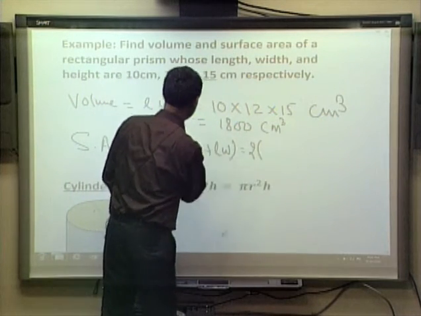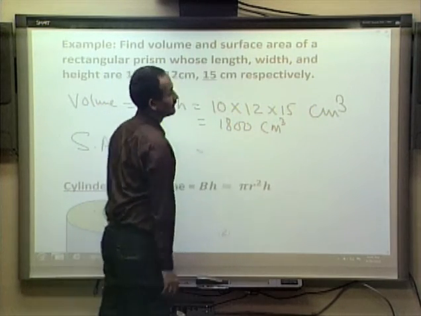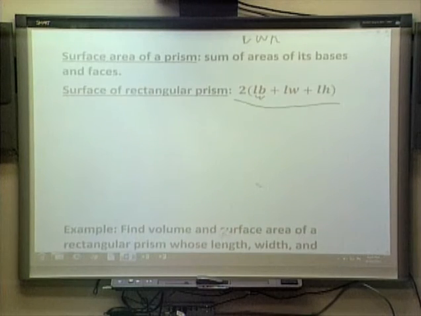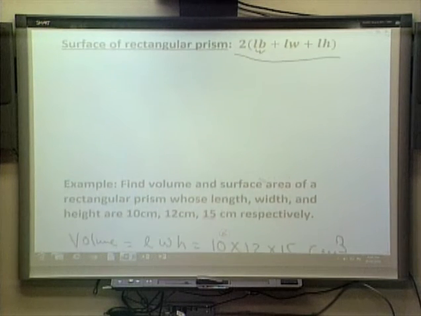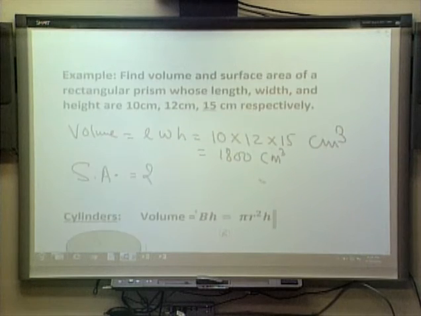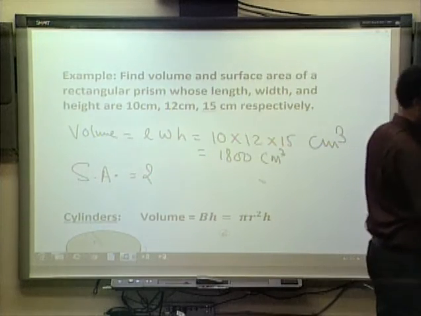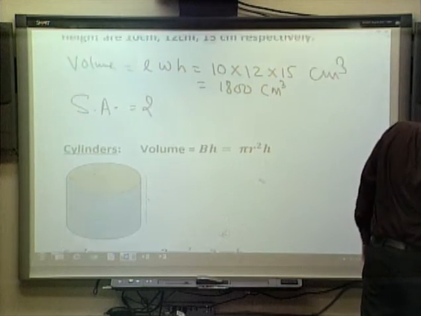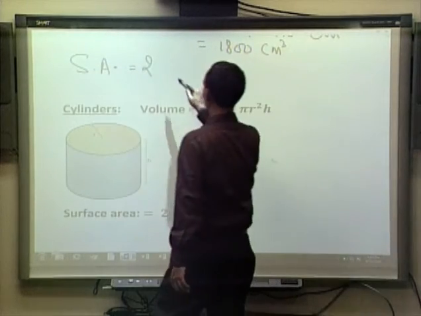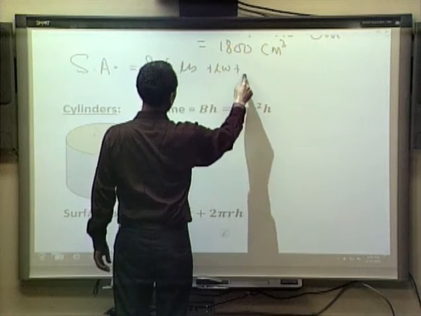Let me rewrite it. Let's say LB, LW, LH. B, L, W, and H are the three sides anyway. So, it is 2 times (LB plus LW plus LH).